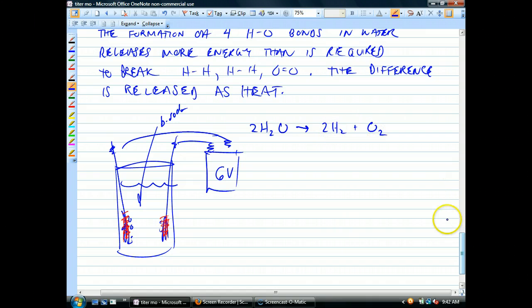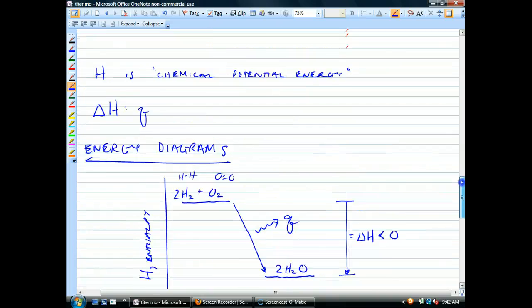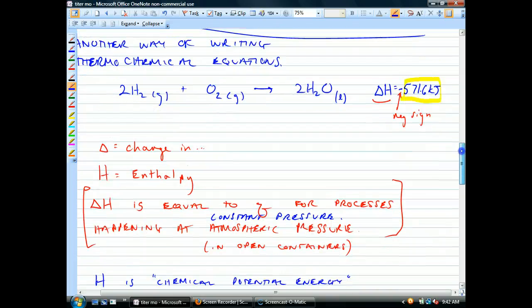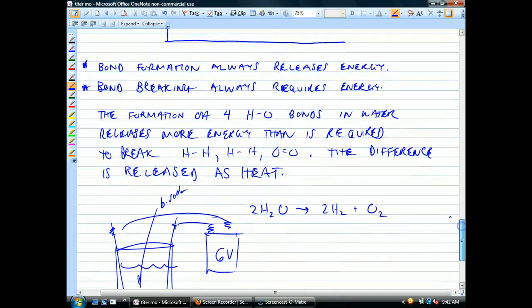And we have to have an input of, what was it, 571.6 kilojoules per mole. Now, we didn't make a mole. Remember, I said a mole of a gas is 22.4 liters. I didn't make anywhere close to that, so I didn't use 571.6 kilojoules.